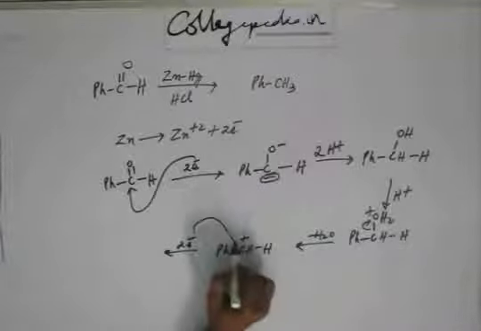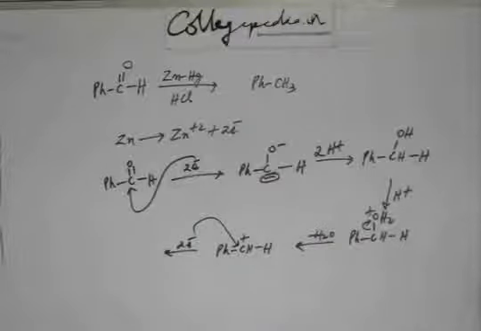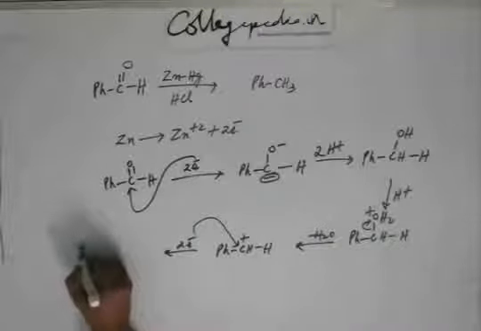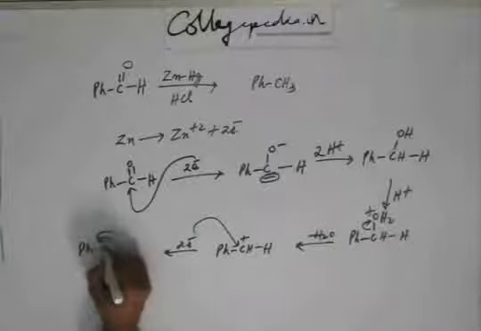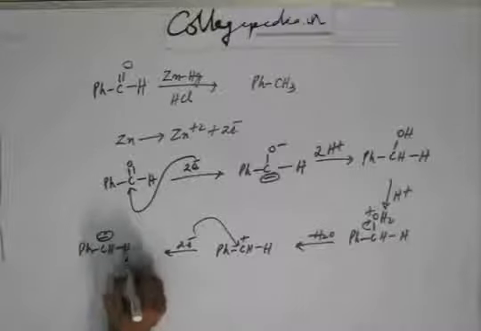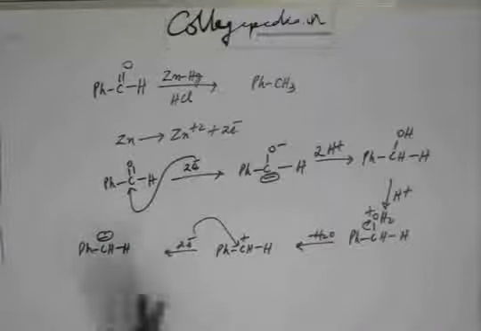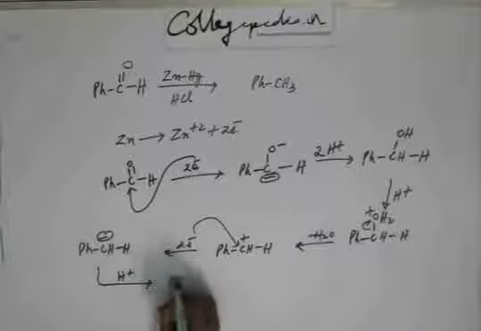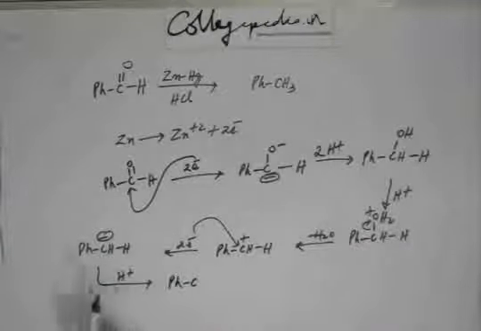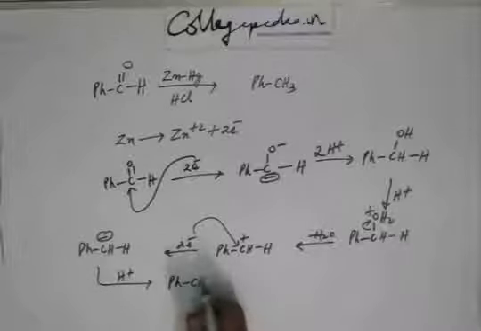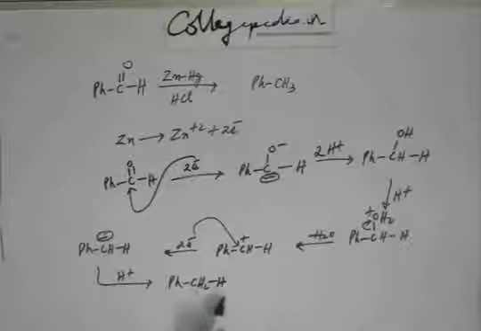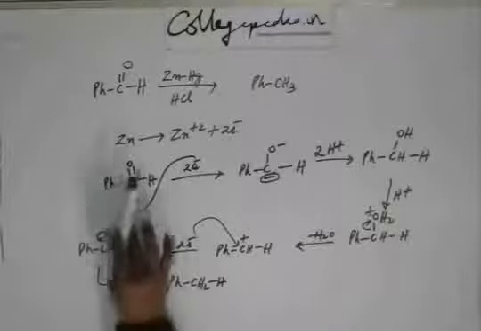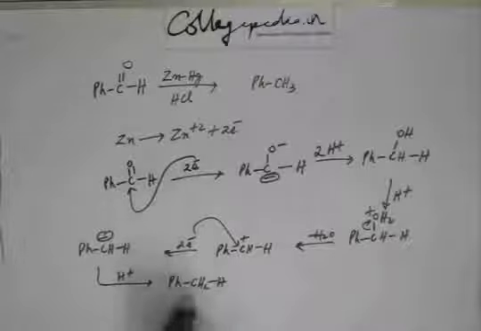Those electrons will again come into the orbital of the carbon. So this carbon is going to again develop some negative charge. Then there are more H plus in the system as well, released by dilute HCl, and that H plus is going to come again to the C minus. So this is going to become the CH3. So effectively what happened, this oxygen went away and 2 hydrogen came in.